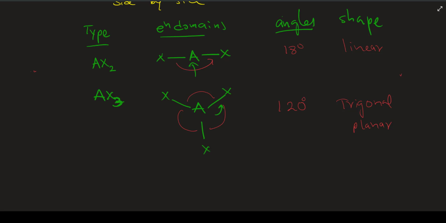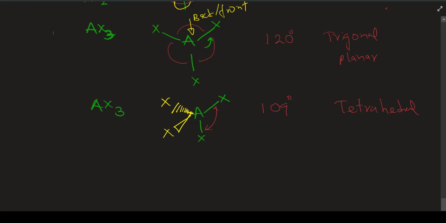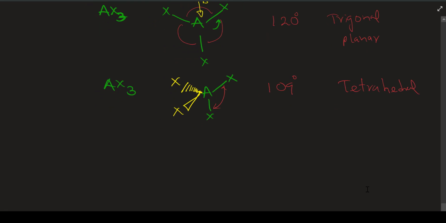Logically. Now AX4, you can see the first one, you jack up the X into the bottom. Now you put one into the top so that you'll get actually AX4, right? So you should hit this one from the front or back. When you have front or back, solid means coming out of the screen, the dashed yellow going into the screen. Of course, the bond angles are identical, 109 degrees, and tetrahedral, right? So the tetrahedral question, I got a few questions about that one, how to understand.